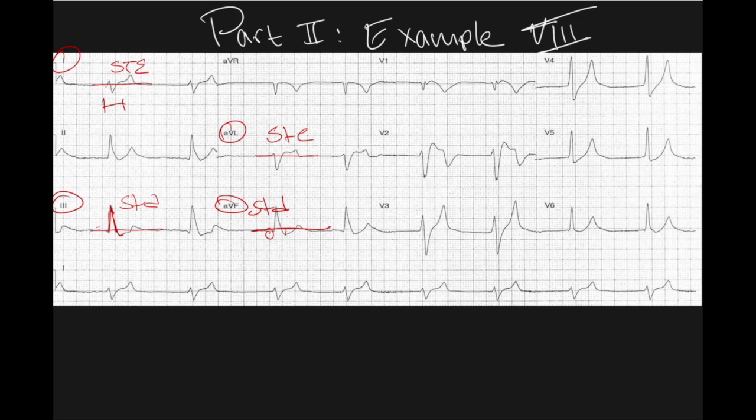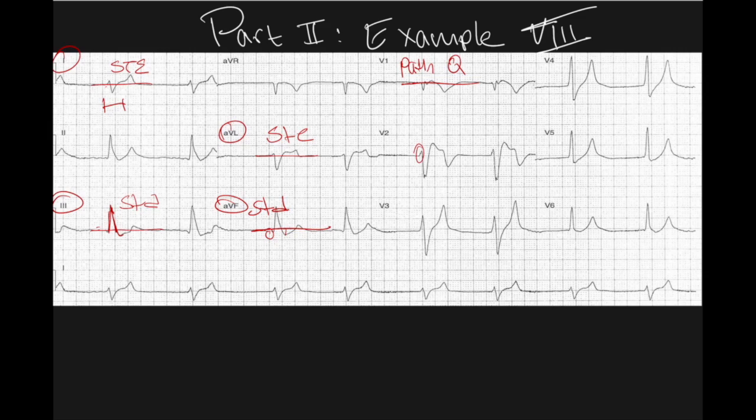In V1, we seem to have this, no P waves are discernible, but we have this Q wave, which is not normal. And then if we look, doesn't look like to be any ST elevation of note. However, when we get to V2, so no real discernible P waves.